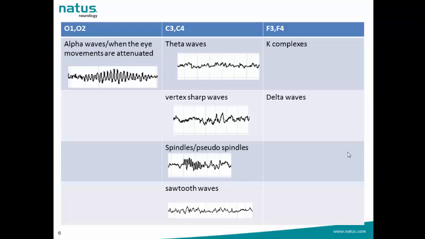When we record from the frontal region in the brain, we will be able to maximally observe the K complexes and the delta waves. Those are called the sleep signatures that can help the scorer distinguish between different sleep stages.